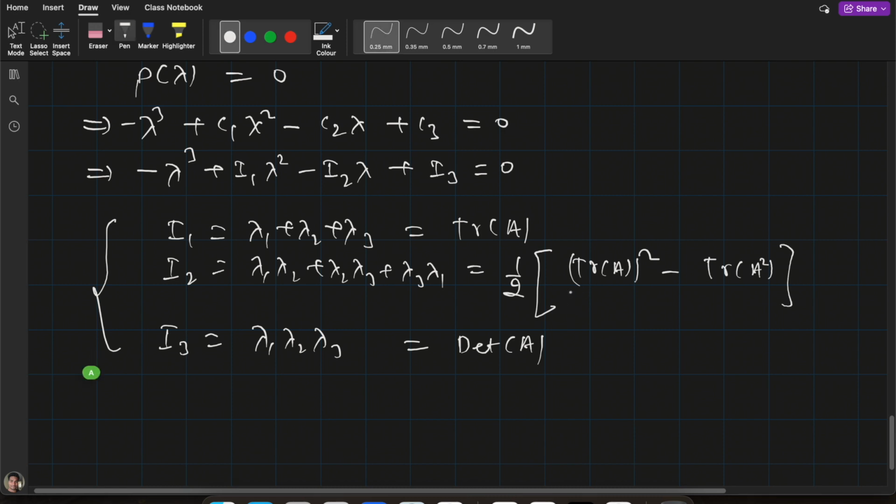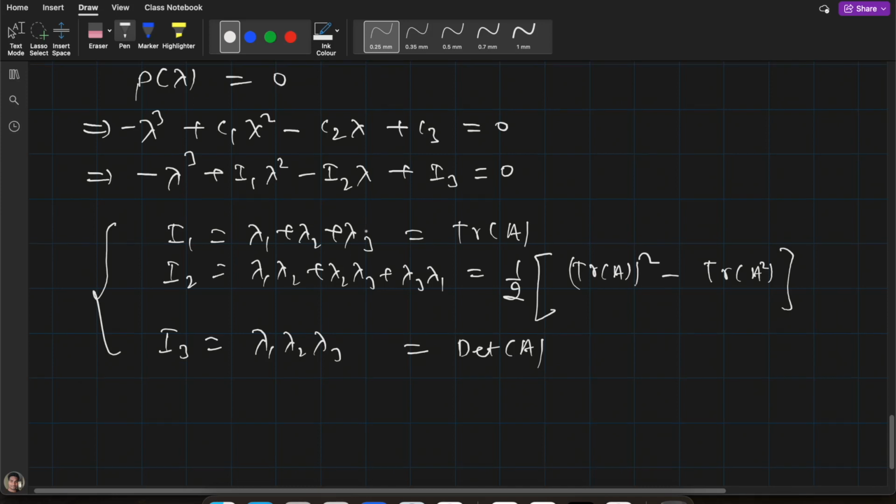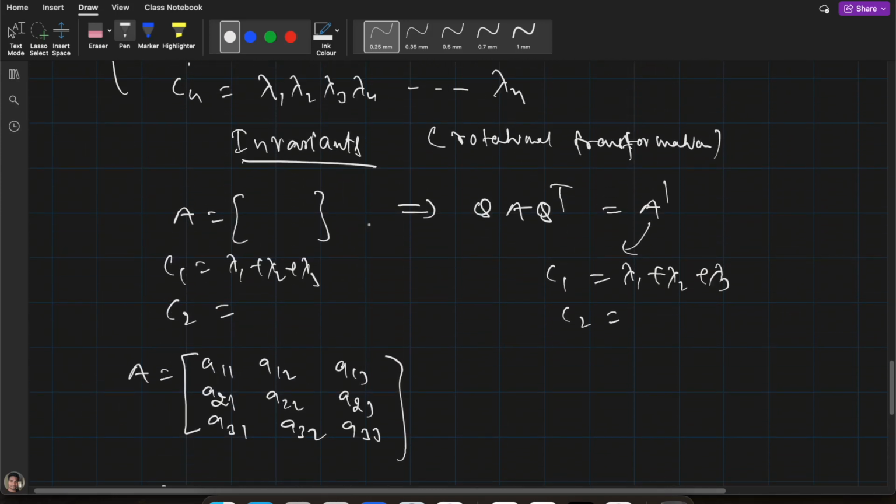Are you getting it? Tell me. Sir, are these relations that we have derived the same for the eigenvalues that we use to solve the questions? Yes, these lambda 1, lambda 2, lambda 3 are nothing but the eigenvalues.